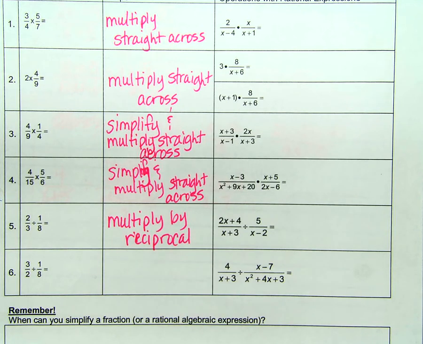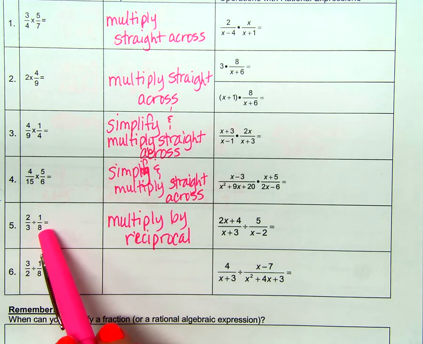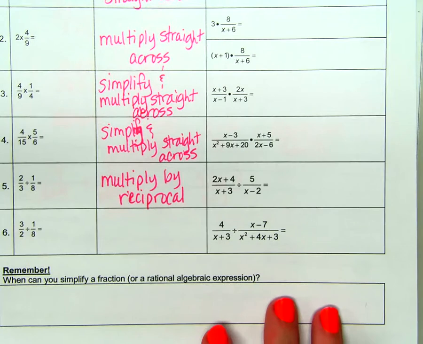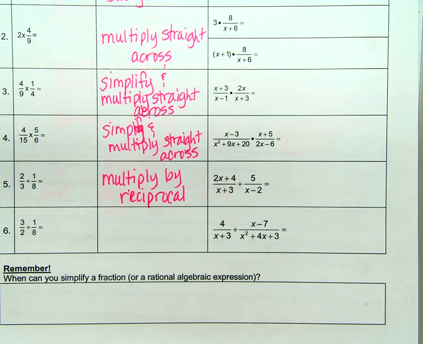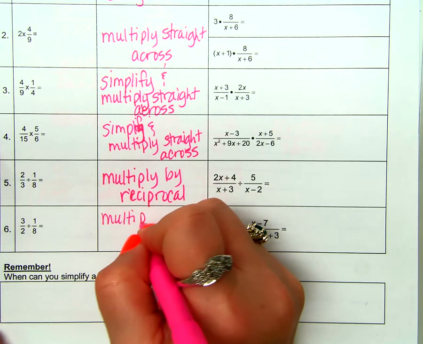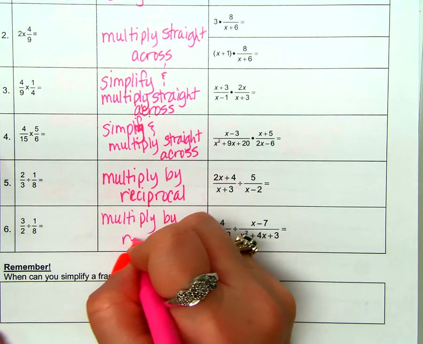Reciprocate and multiply. Isn't that finding the reciprocal and then multiplying? Yeah? If you need to put something down about the reciprocal needs to be of the second fraction, do it. Guess what's on number 6? Multiply by reciprocal.